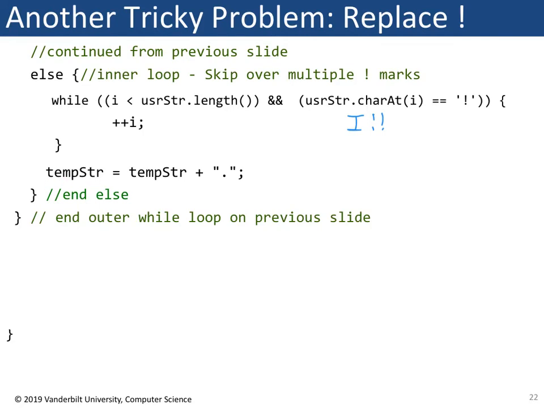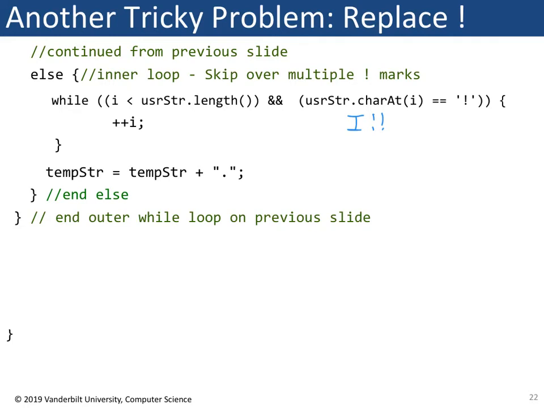Then when we hit this exclamation point, so our index is 1, we will follow this else. Inside this else, we are going to see if we are at the end of the string and if we are equal to an exclamation point. We are still less than the end of the string, and we have an exclamation point here, so we are going to increment i, the index. So the index then moves to the next exclamation point.